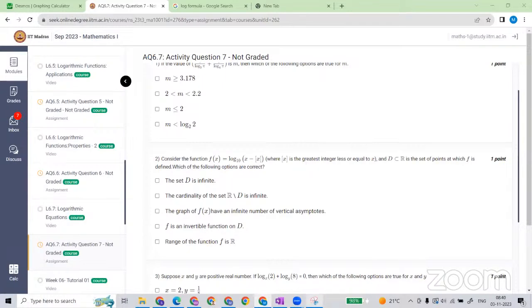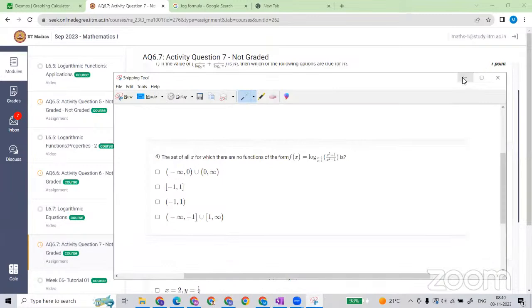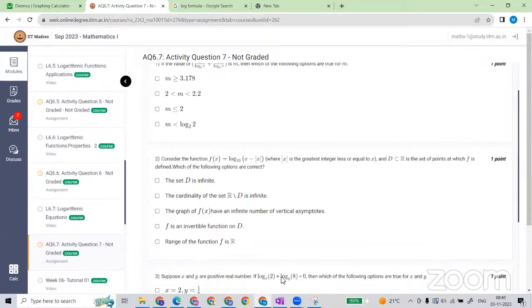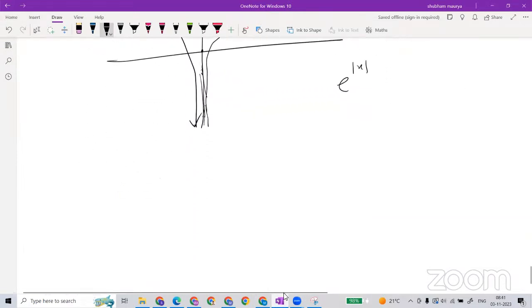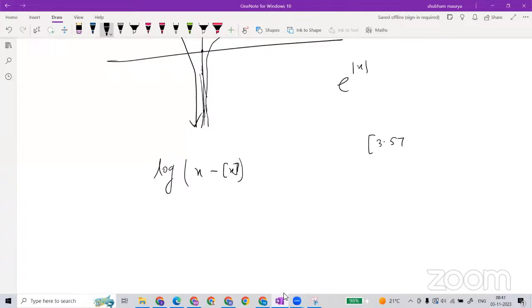So we have the function x minus greatest integer of x. What does the greatest integer mean? If it is 3.5 or 3.72, this value is going to be 3.